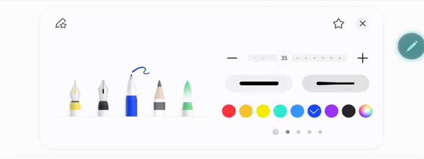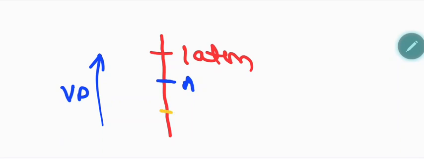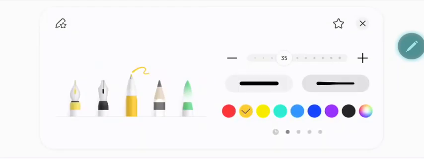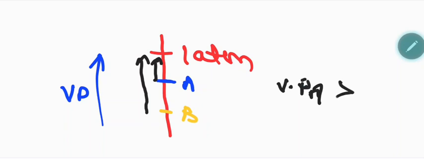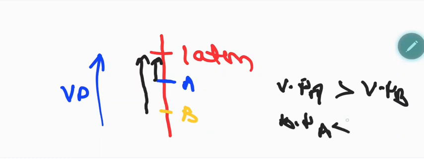A has this amount of vapor pressure and B has this amount of vapor pressure. So if we want to vaporize A, we have to heat to this amount, and for B we have to heat more. So this diagram easily explains that the vapor pressure of A is more than the vapor pressure of B, but the boiling point of A will be less than the boiling point of B. Why?